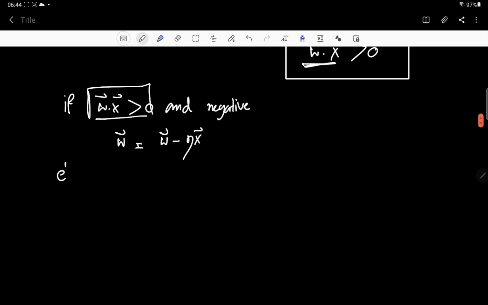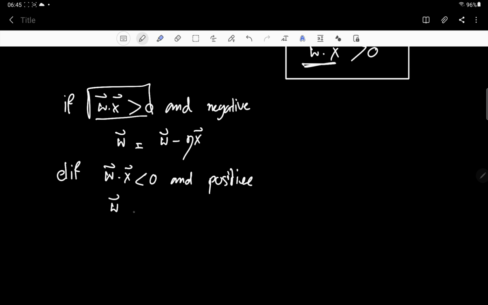Else, if we use Python style, else if w dot x is less than 0 and it is a positive one, it means that the summation is less than 0. So we would like to make the summation a little bit higher to make it greater than 0, because it's positive and we expect the summation to be greater than 0.